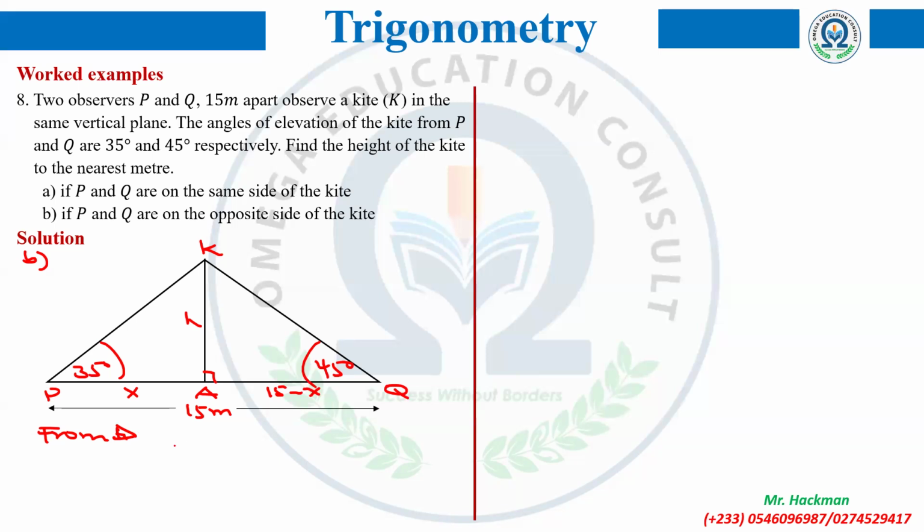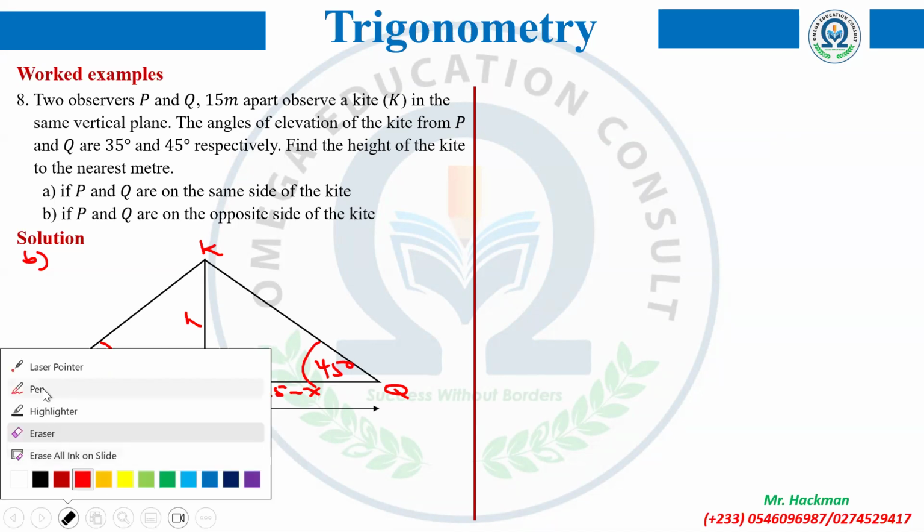From right angle triangle KAP, this is the opposite to this angle and this is the adjacent, so we'll still use tan. I hope you are with me.